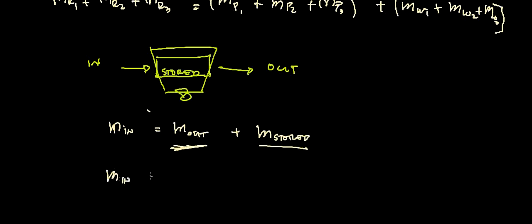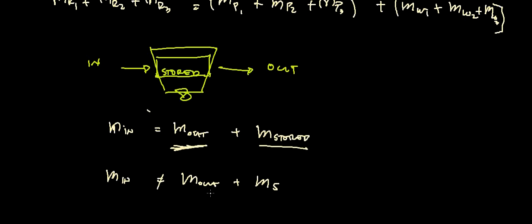So mass in is not equal to the mass out plus the mass that is being stored in the product. In these cases, we have unknown materials, or we cannot identify where these materials are, so mass in is not equal to the mass out plus the mass that is being stored.